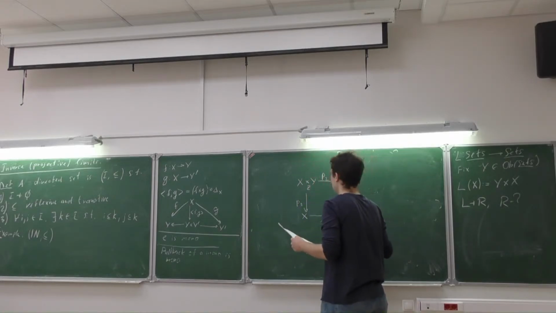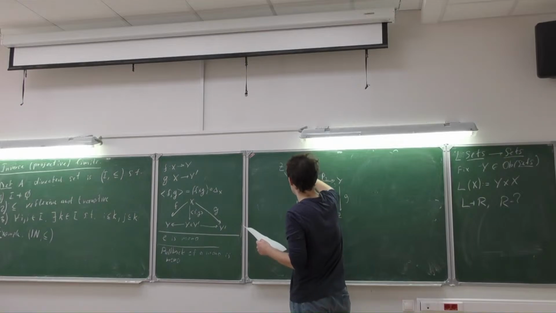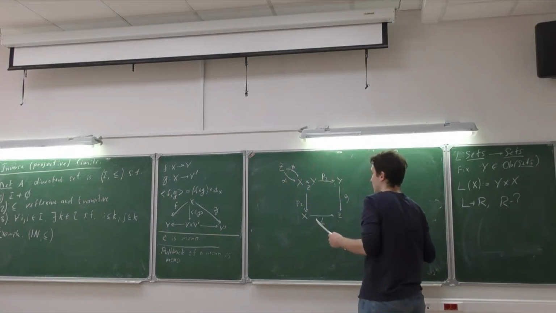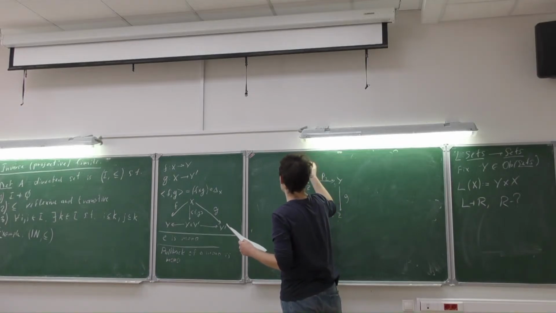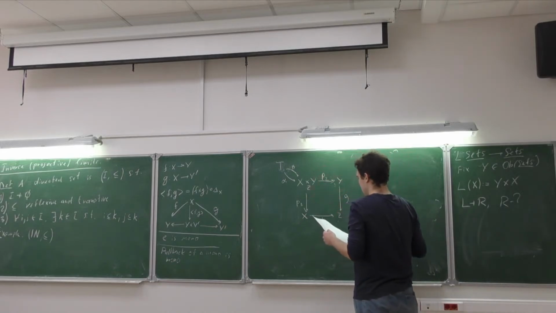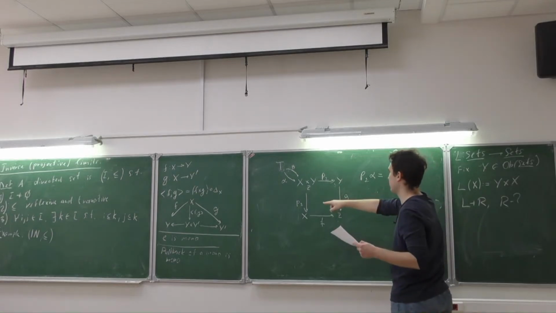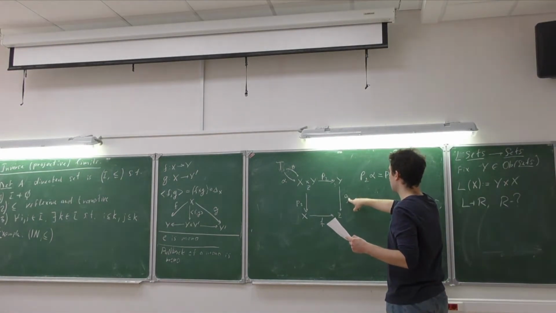Let we have some object z and two morphisms, alpha and beta, such that the composition of P1 and alpha is equal to the composition of P1 and beta, and we know that G is a monomorphism.